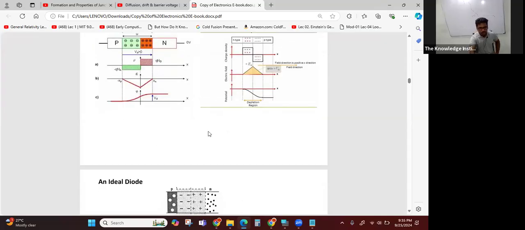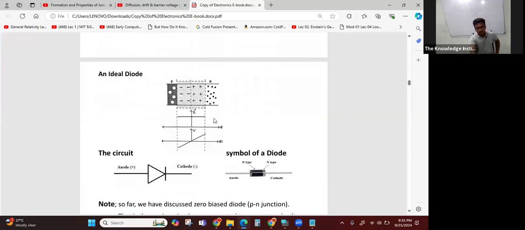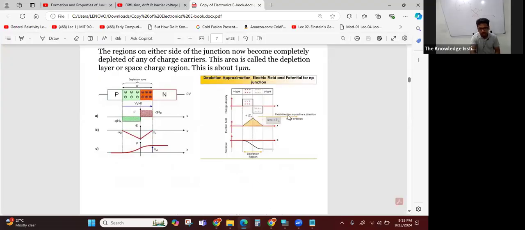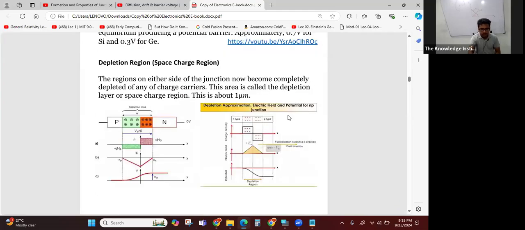Ideal diode. So for the ideal diode, it will be like this. Now here, by the way, I have to explain this. I should take these two into the same.